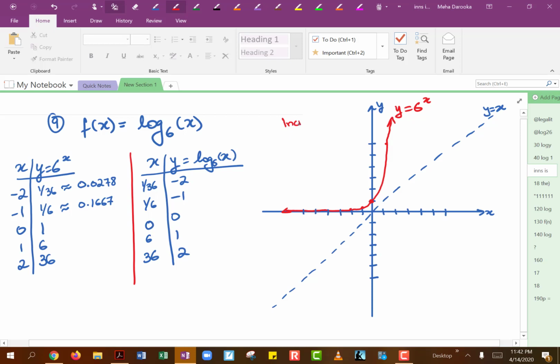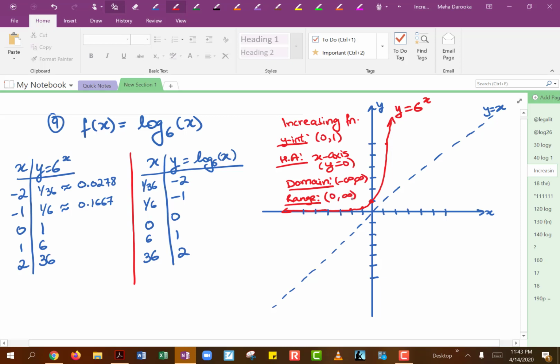Okay, we have y-intercept at 0, 1. We have horizontal asymptote at the x-axis, which is the line y equals 0. Okay. Domain for this function is going to be -infinity to +infinity, and range is going to be from 0 to infinity, not including 0. So that's for our exponential function.